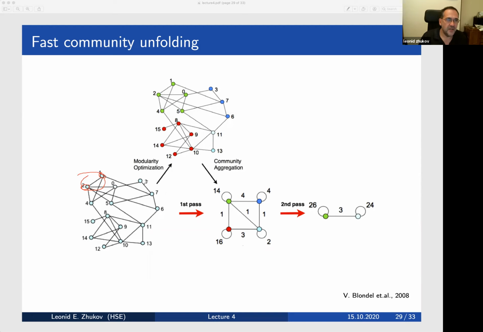Then I take node 3, and I can make a community from node 3 and node 0, or from node 3 and node 7, because these are two options here, right? So I check what happens with modularity if I join node 0 and node 3 in one community, and what happens if I join node 3 and node 7. I find out that if I connect 3 and 7, modularity improves more. And so I put them in one community.